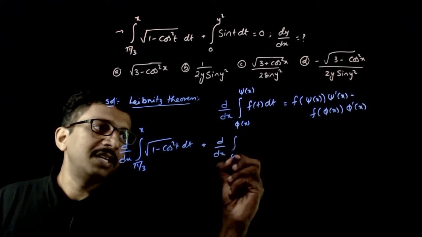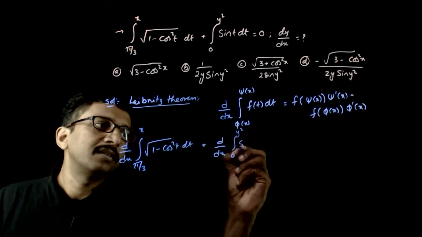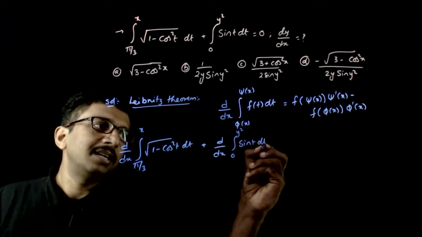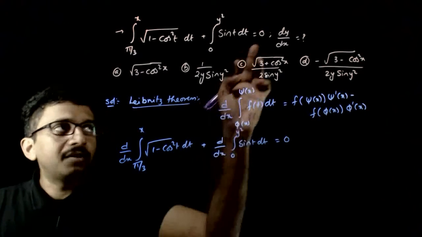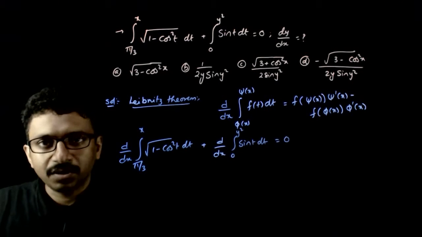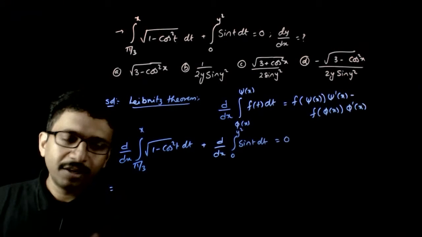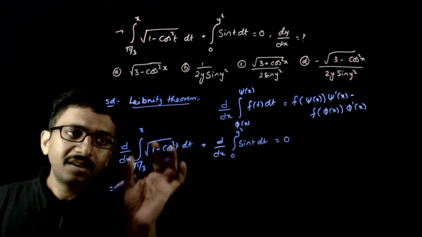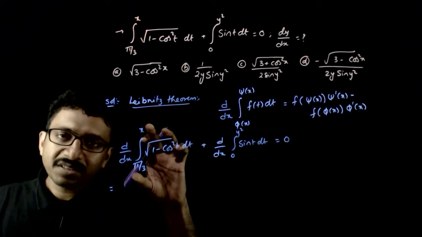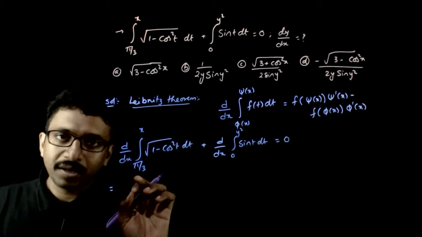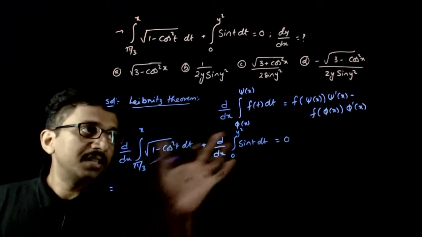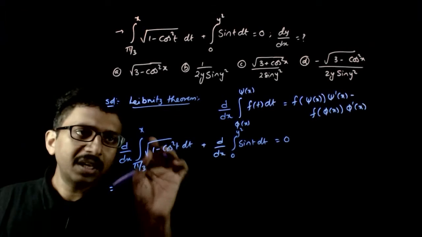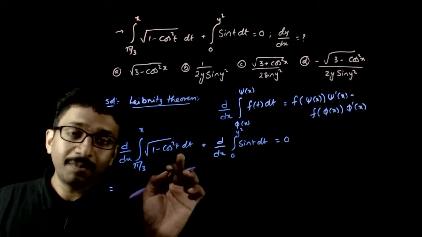So d by dx of the integral from pi by 3 to x is equal to d by dx of 0, which is 0 because 0 is a constant. Here the limits are in terms of x. One limit is constant, so you can think of it as a constant function. Let us use this. First you put x in place of t.